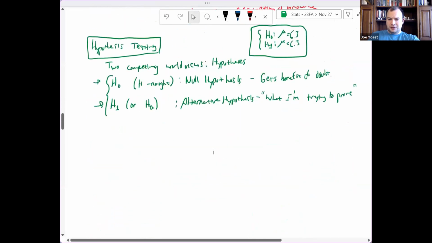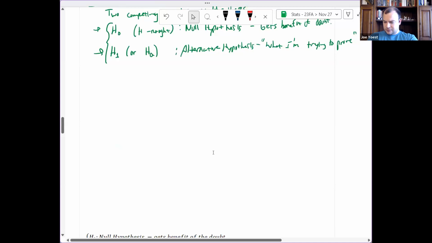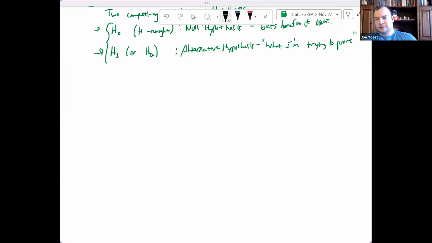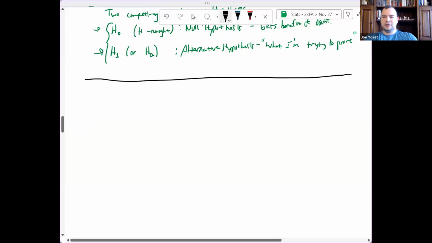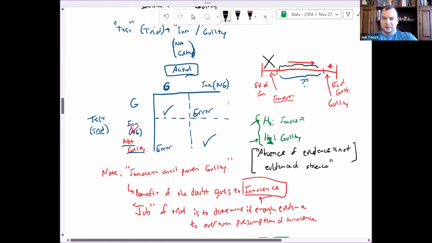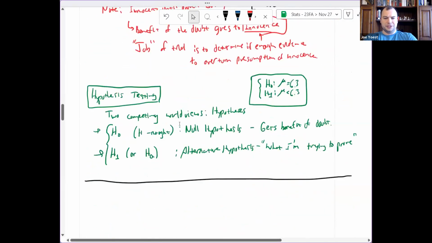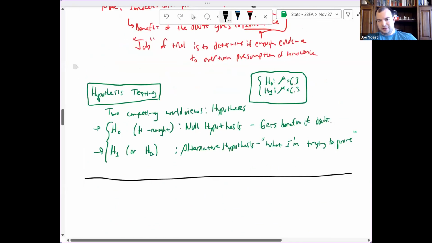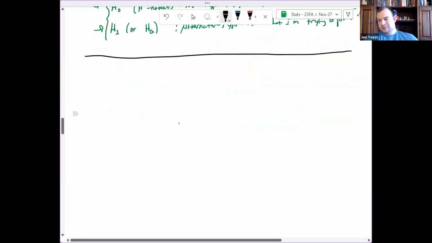Okay, so let's take a look at this idea now in a little more generality. So we have our hypothesis testing notation here, and we have two hypotheses.